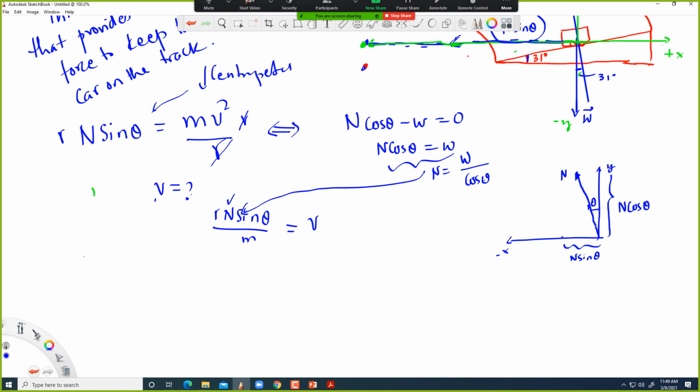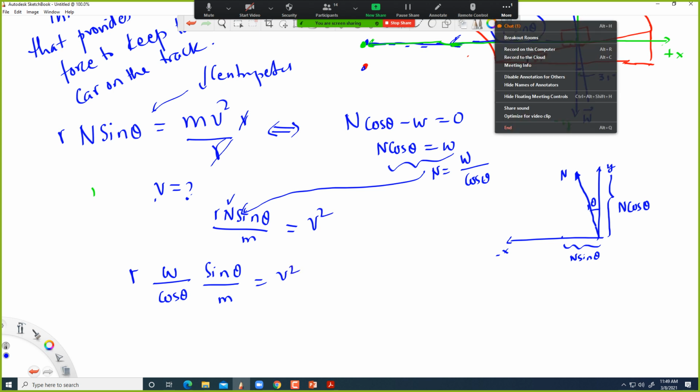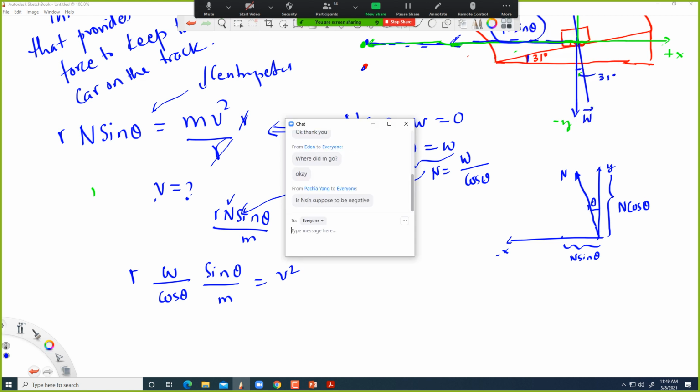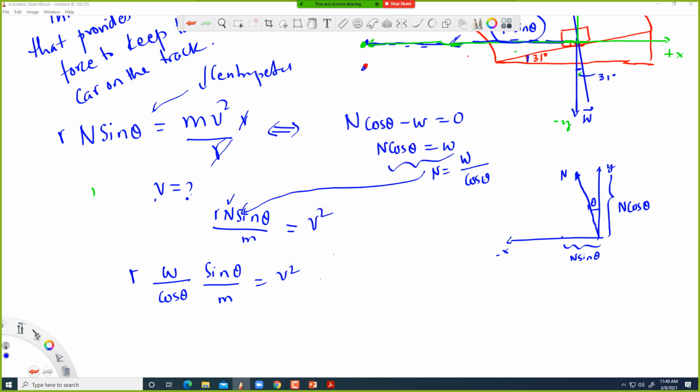So r times n, which is w over cosine theta, times sine theta over m is equal to v squared. So w is what? mg, right?